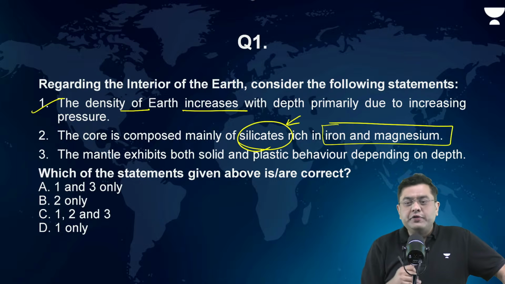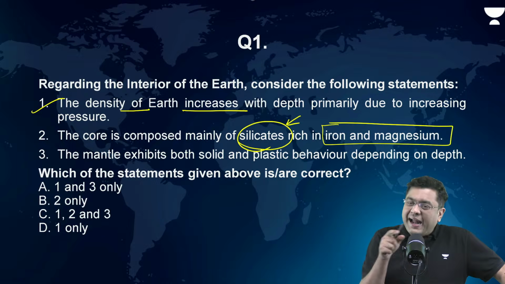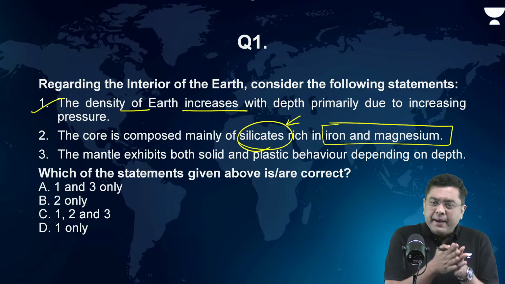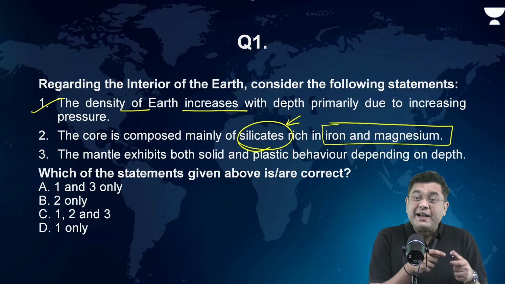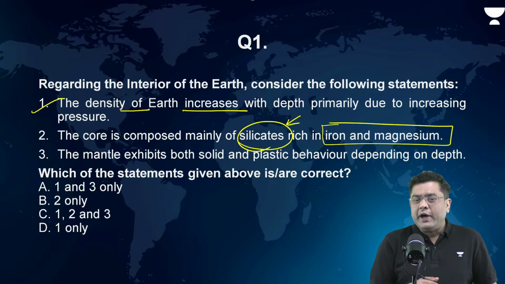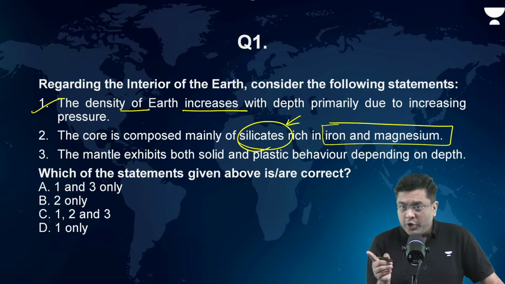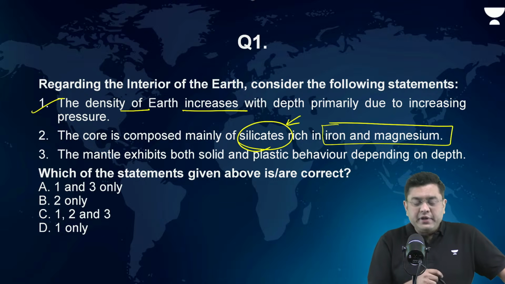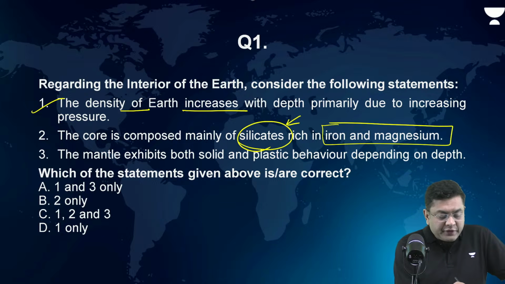Silicates had come to the surface of planet Earth at the time of stratification. We had studied about the stratification and the phase of evolution of planet Earth. So this is what you actually had to look for, not the case of magnesium. Magnesium in some quantity is still present in the core. So this second statement is incorrect.